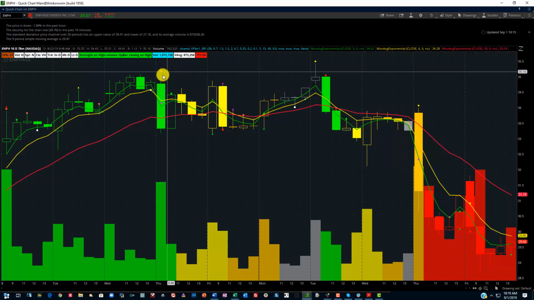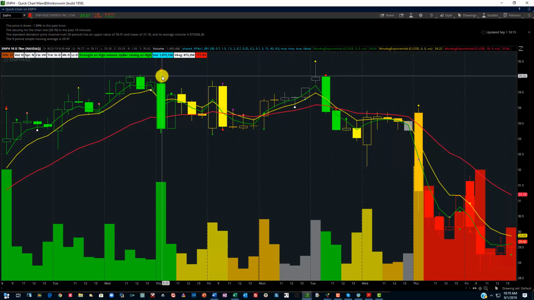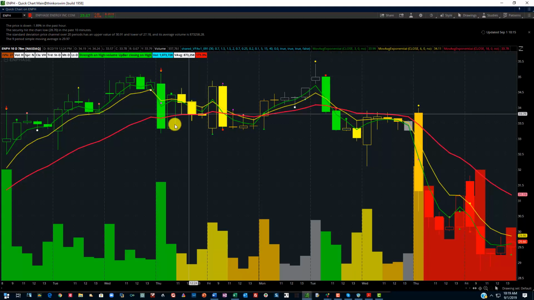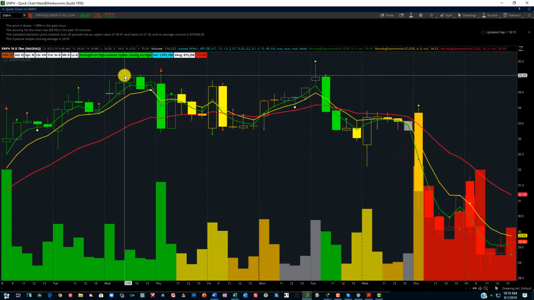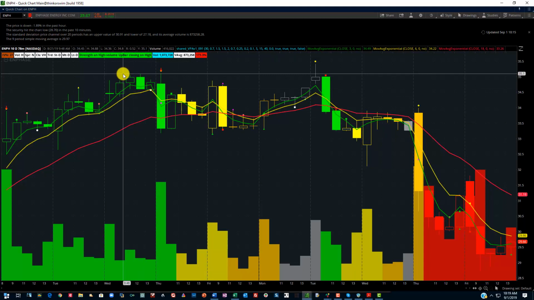But there was a big black candle, and the stock never did surpass this high here. I'm sorry, it did too, but it was immediately rejected over here. So it tried to break out, and the supply overcame the demand, and after that it started downhill.